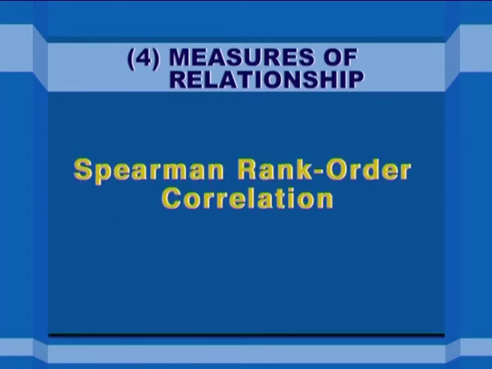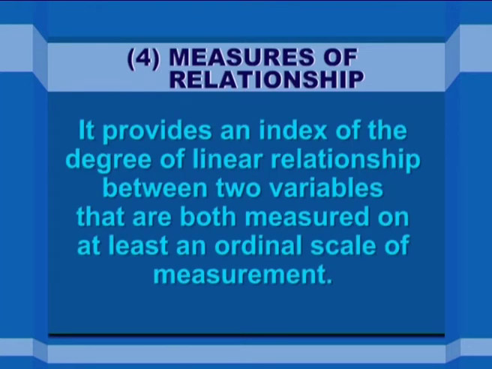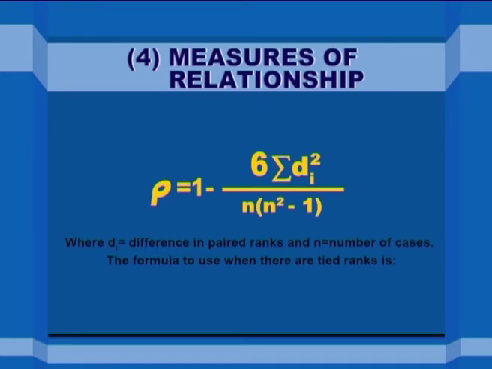One method to measure correlation is Spearman rank order correlation. It provides an index of the degree of linear relationship between two variables that are both measured on at least an ordinal scale of measurement. The formula for computing this correlation coefficient is given on the screen.